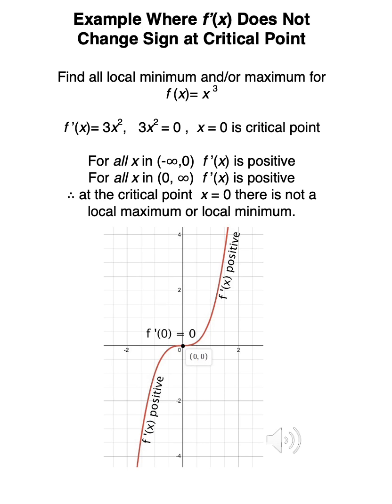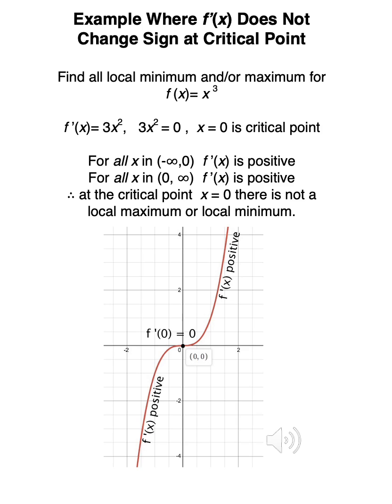Let's look at the function f of x equals x cubed. The first derivative is going to be 3x squared. To find critical values, we set it equal to 0, and we see that x equals 0 will be a critical point.